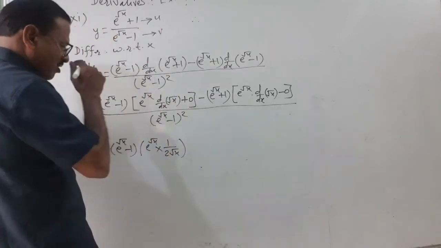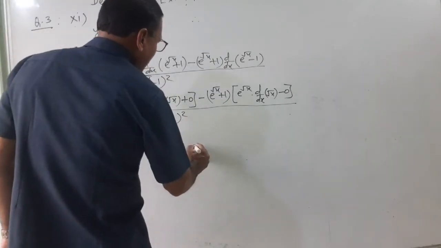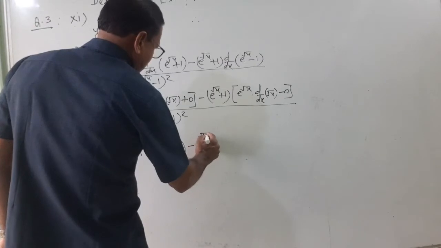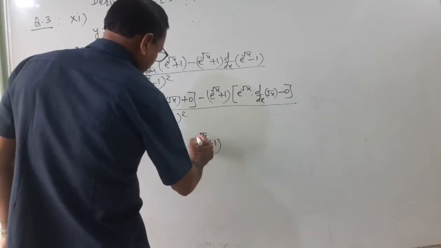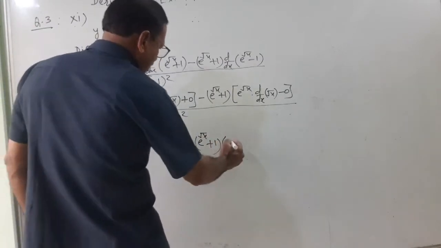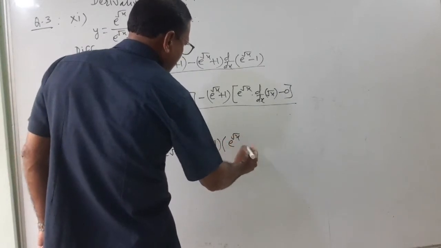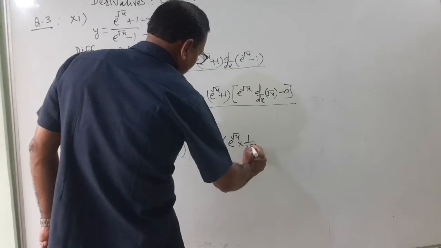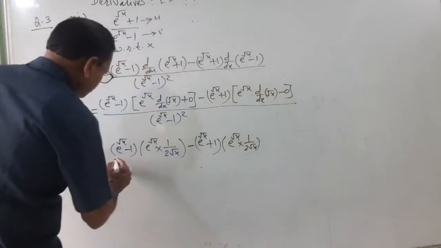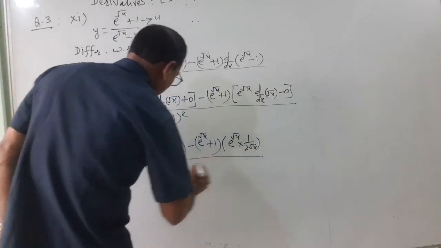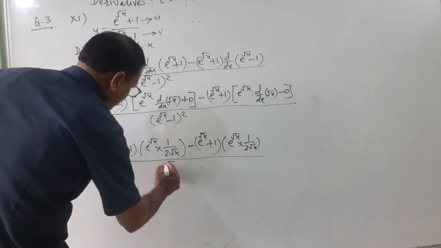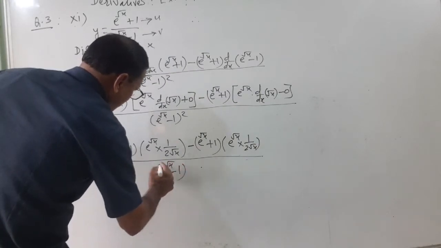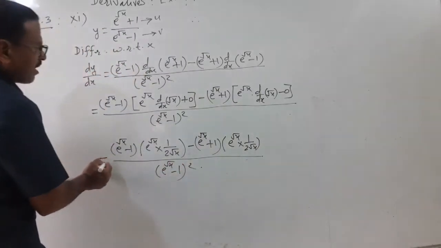This plus 0 is not going to do anything, minus (e^√x + 1) into e^√x into the derivative of root x, which is 1 upon 2 root x, upon (e^√x − 1) whole square. This is our dy by dx.